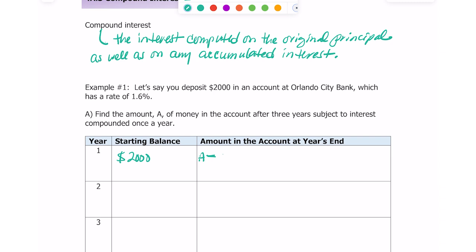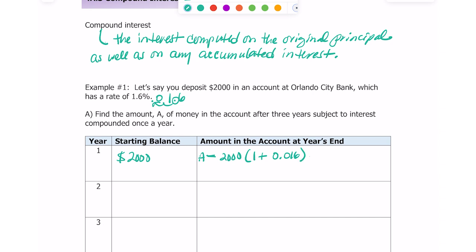That was A equals P times 1 plus R times T. The rate is 1.6%, which as a decimal is 0.016, and then times 1, because time is 1 year. I don't really need to put the times 1 there, but just remember that it is there.